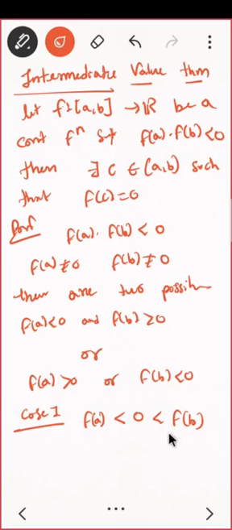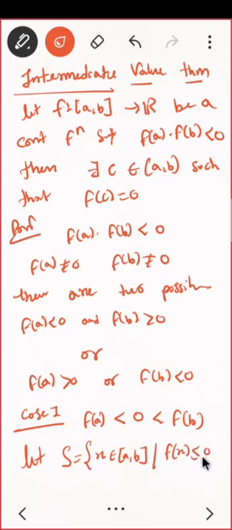Is that okay? Shall we start? Let us define a set. So let S be a set. I am collecting all the elements x in the interval a comma b such that f of x is negative, that is, f of t is negative for all t belongs to interval a comma x.